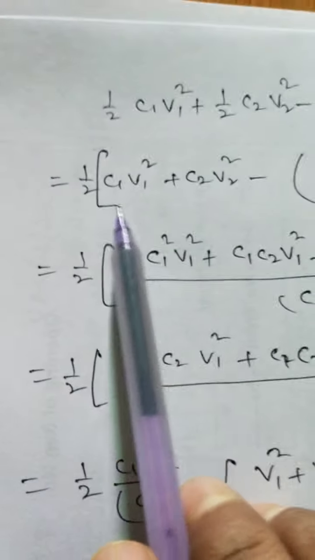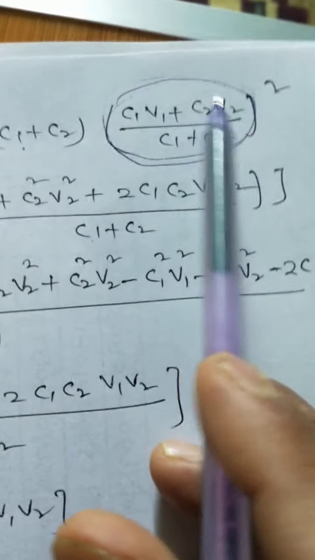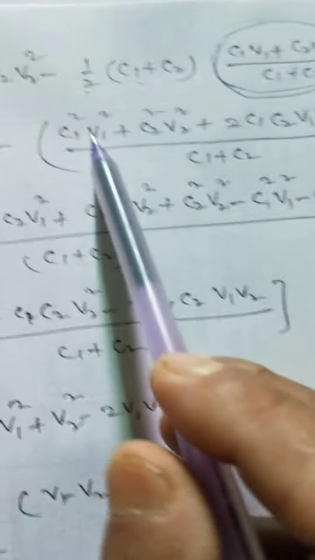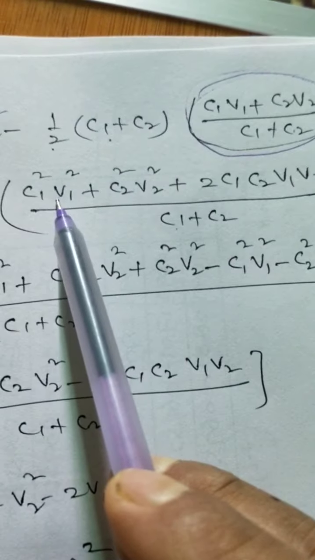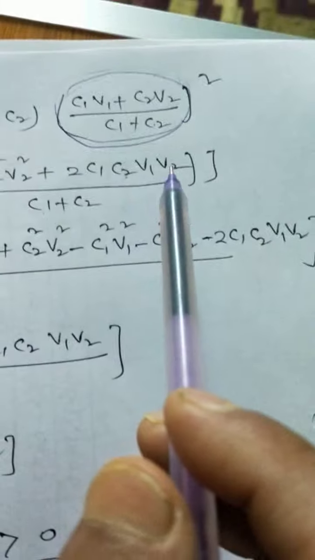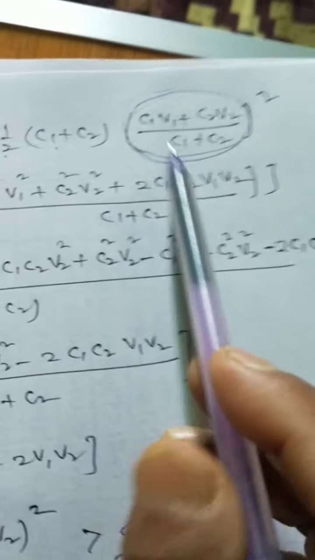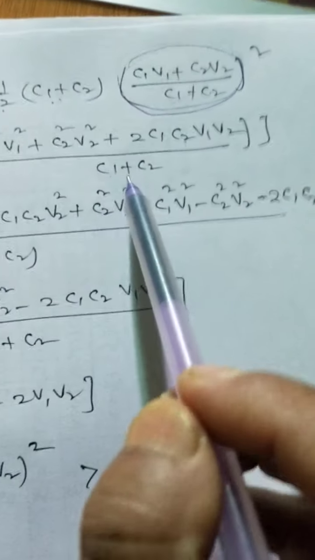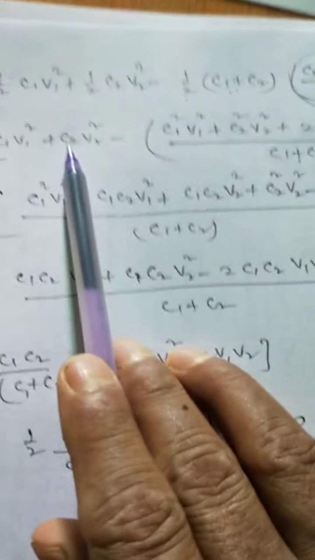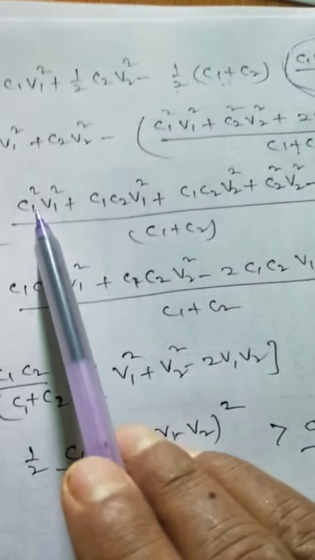Now here, the first term I have taken common. I have opened this bracket: A plus B whole square. Now look here: first square, second square, plus 2AB divided by (C1 plus C2) whole square. One (C1 plus C2) and the other (C1 plus C2) cancel out, only one will be left. Again I have taken the LCM. So this (C1 plus C2) multiplied by here, it will be four terms. C1 multiplied by this will be C1 square V1 square.